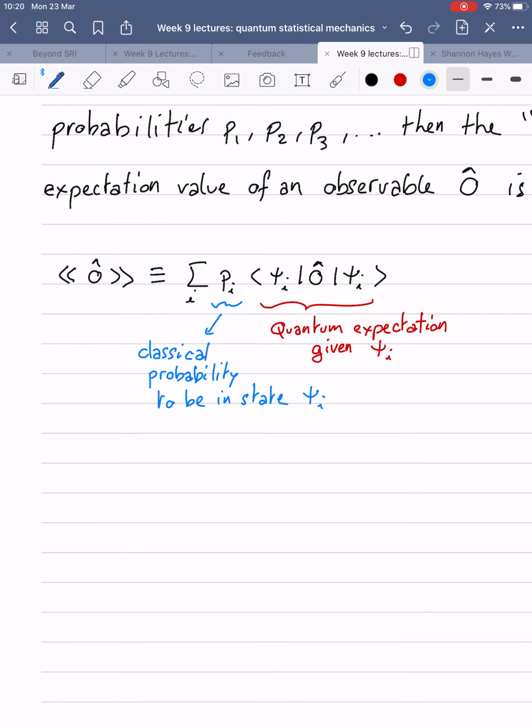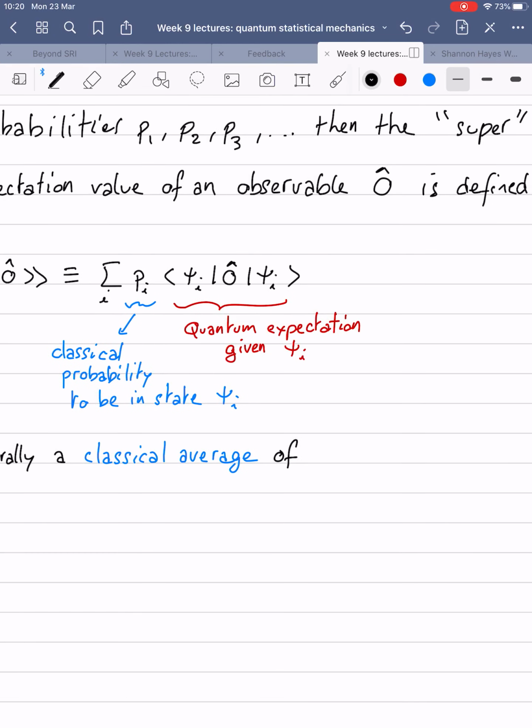Okay, so we see that this particular expression is literally, really, a classical average of a quantum average.